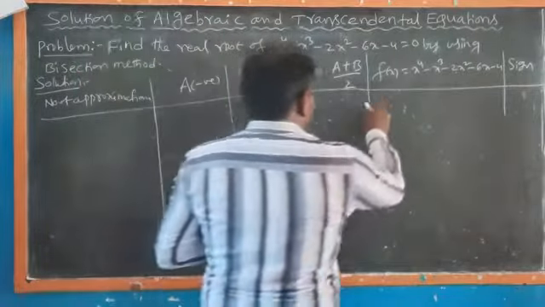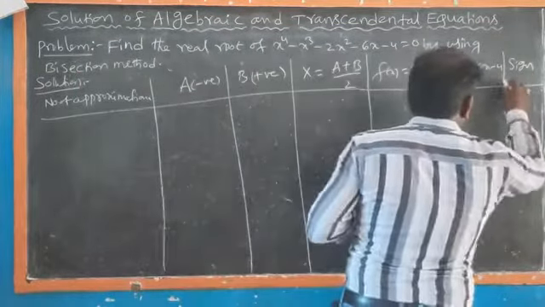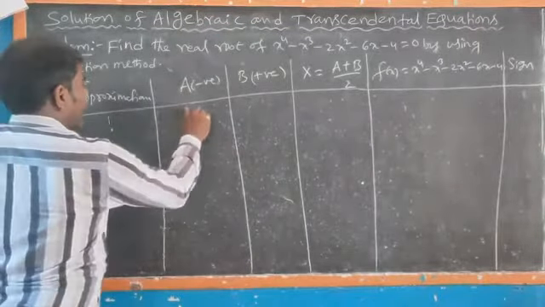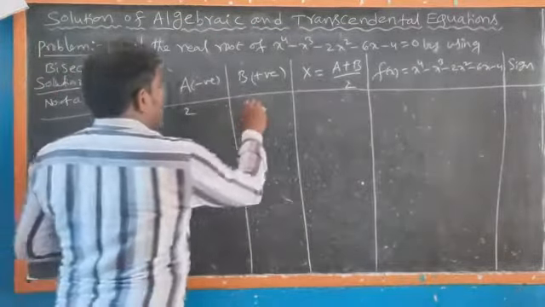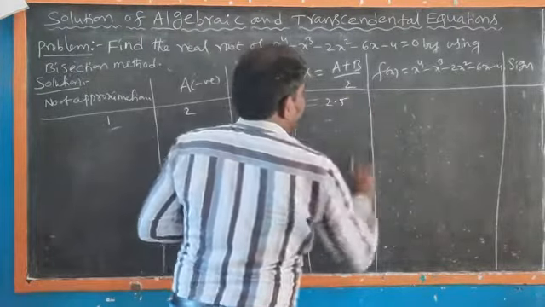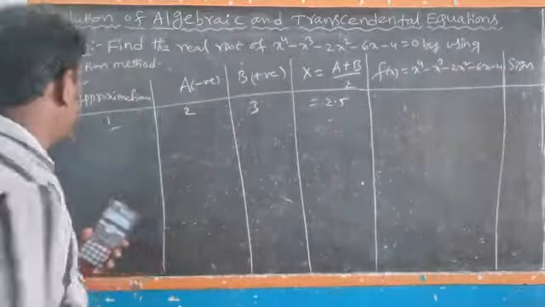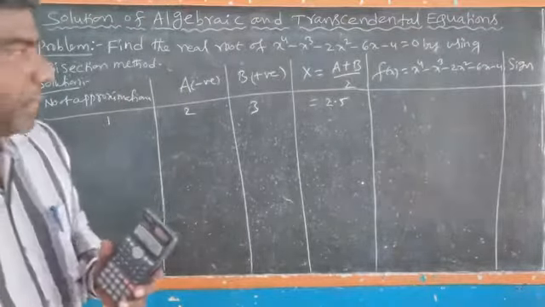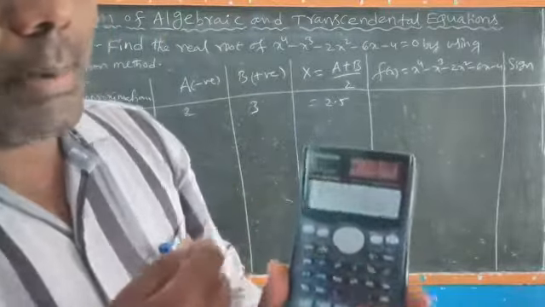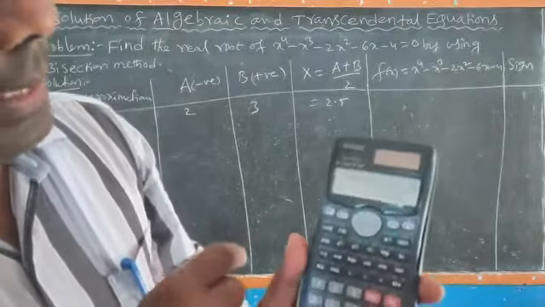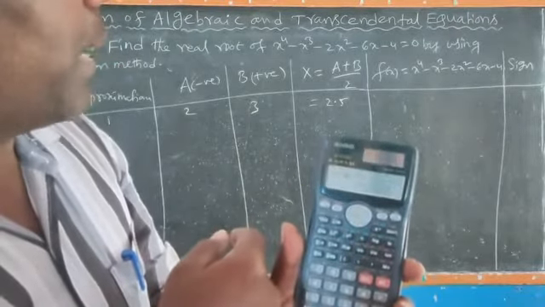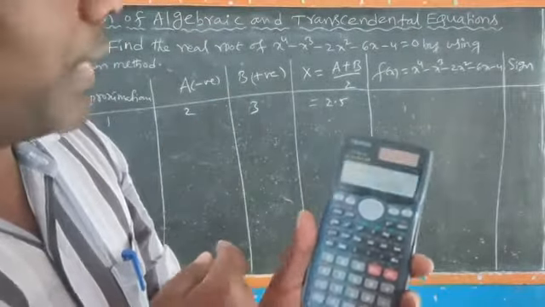So first approximation: a value 2, b value 3, x equal to 2.5. Next, what is f of x? Go back to the equation and put x equal to 2.5 in the given function.